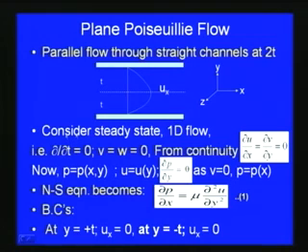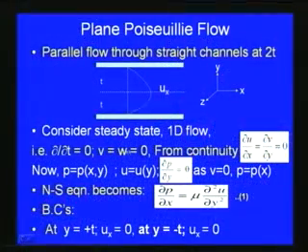To get an exact solution, we start from the generalized Navier-Stokes equations. Depending upon the problem, we use various assumptions and simplifications for the particular problem for which we are trying to derive the exact solution.